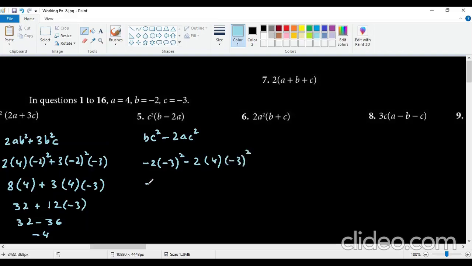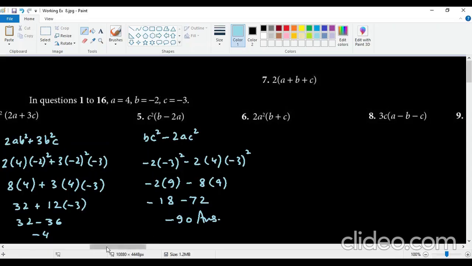So minus 2 multiplied by 9, minus 2 times 4 is going to give you 8, and minus 3 square is going to give you 9. So it's going to give you minus 18 and minus 72. So this is going to give you minus 90 as an answer.